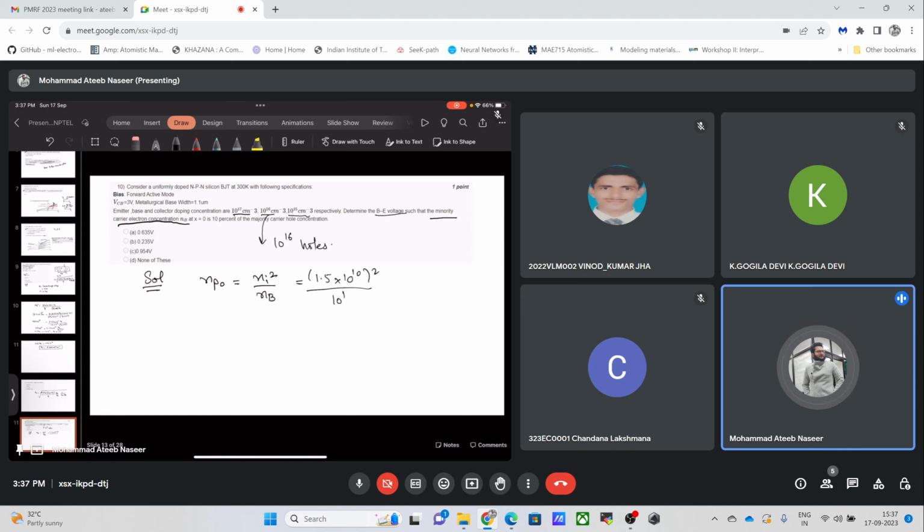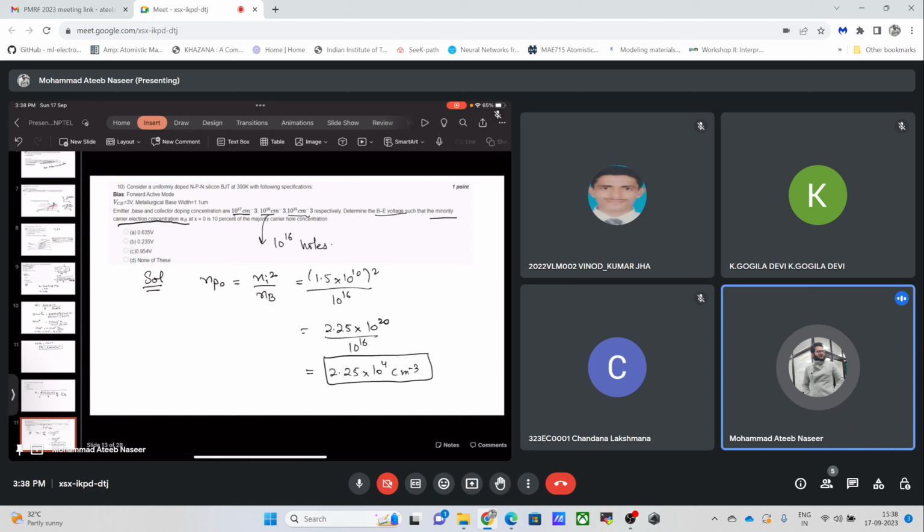We have assumed complete ionization. Let's keep that in mind. So it is 2.25 into 10 to the power of 20 divided by 10 to the power of 16, which is 2.25 into 10 to the power of 4 per centimeter cube, which is the equilibrium minority carrier concentration.